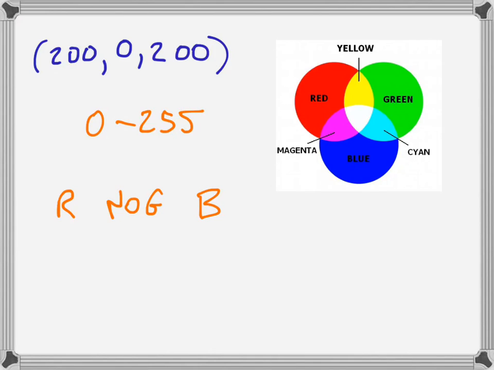So we've got equal amounts of red and blue, and that seems to indicate that this is a magenta color. We've got quite a bit of them, so it's a fairly vibrant shade of magenta. The less of those values we would have, the closer to black. So basically magenta is a good answer, or light magenta, true magenta, anything like that would be fine.